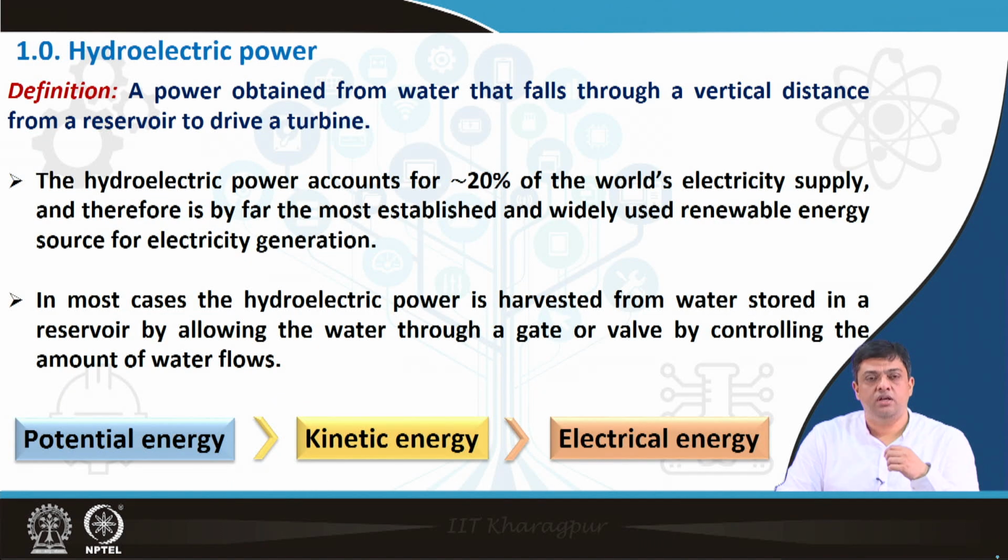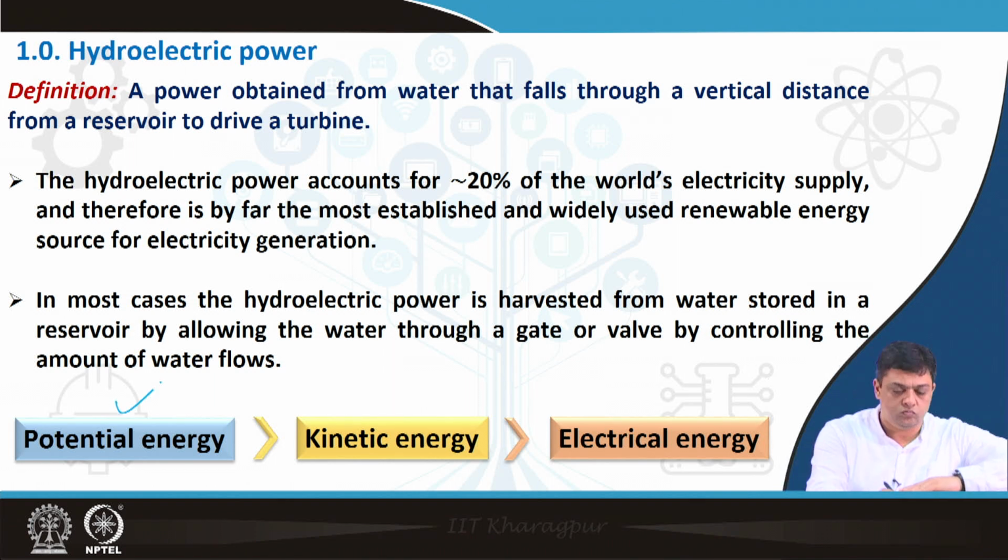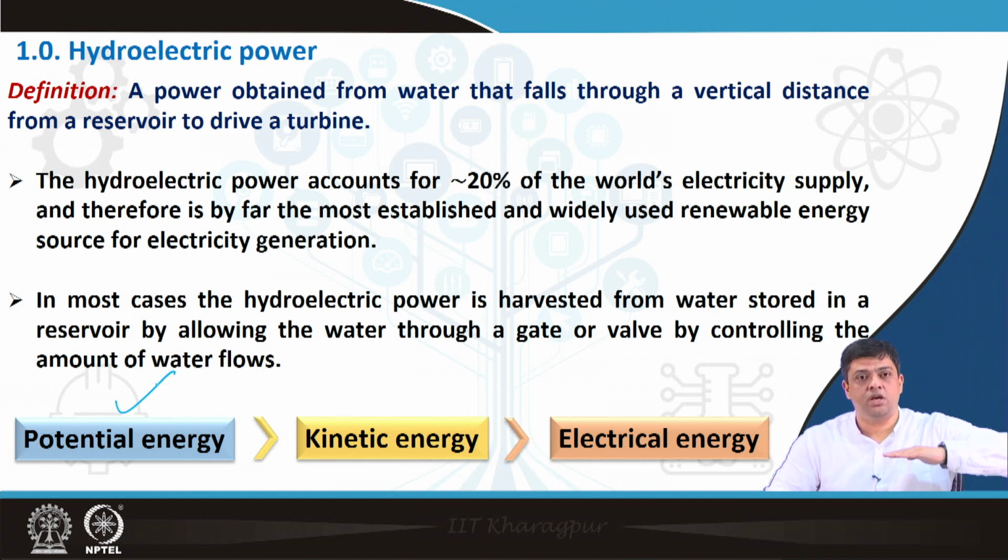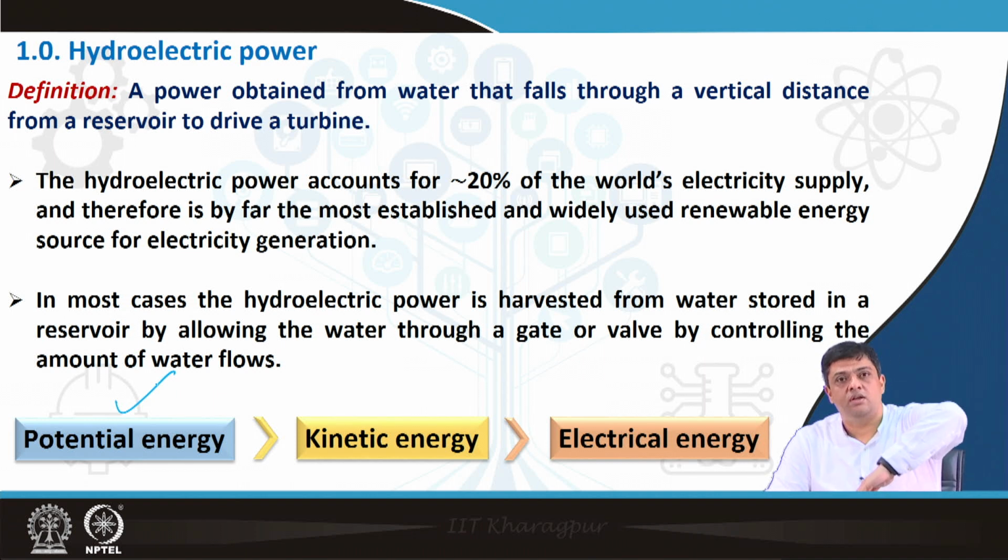In today's lecture, let us start with hydroelectric power. We have discussed the definition of hydroelectric power, and what are we going to discuss? You have a reservoir where you are storing water at a height. What is the energy associated? Potential energy. This water flows down the vertical distance.